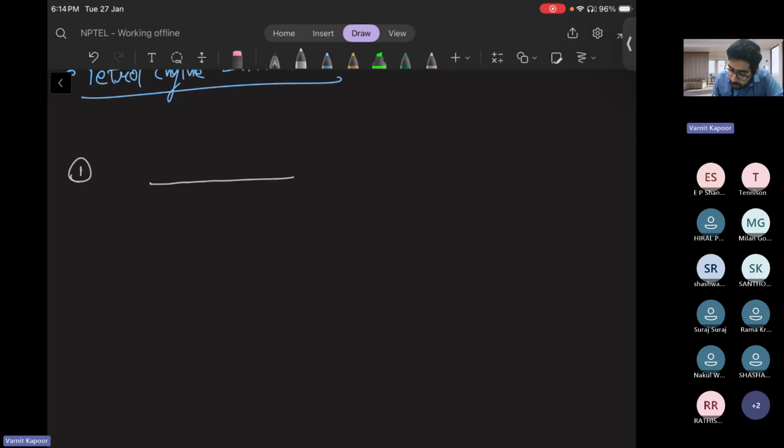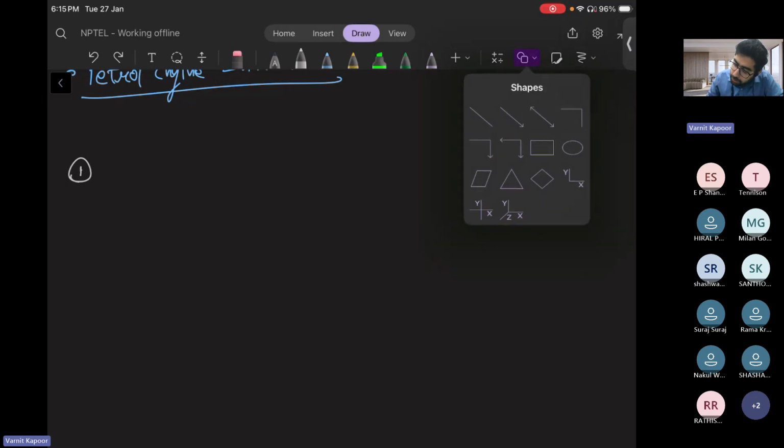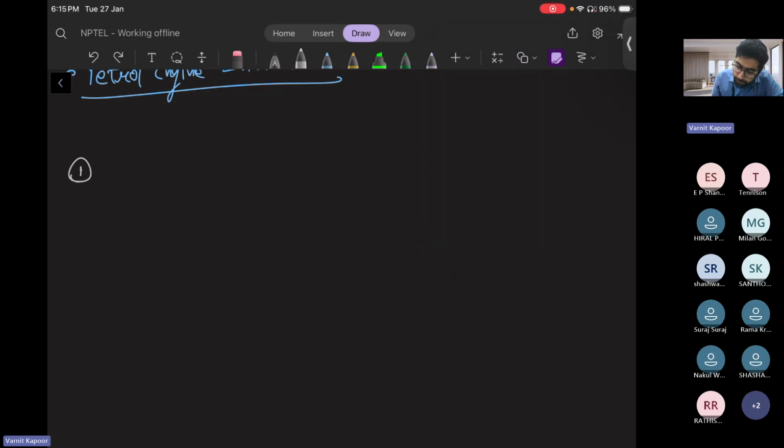Okay. So we have an inlet valve, we have an exhaust valve.